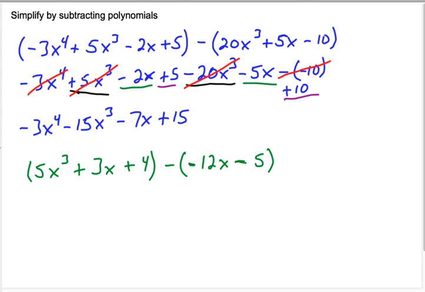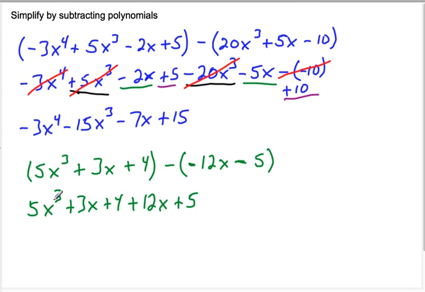Let's move on to this last one here. Again, these first parentheses aren't doing anything, so I'm just going to remove them. The second parentheses are doing something, because they show that this subtraction has to affect both of the terms in here. So we're going to subtract a negative 12. Subtracting a negative is adding, right? And then we're going to subtract a negative 5, which is adding 5. Now we're going to combine like terms again.